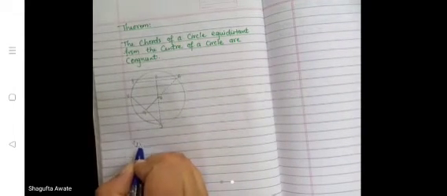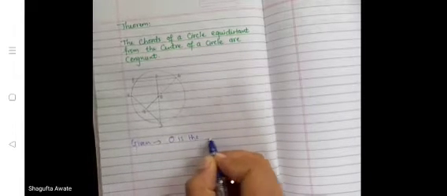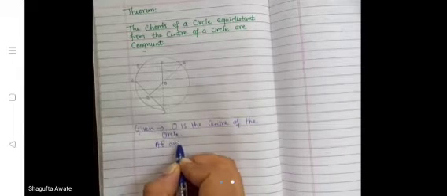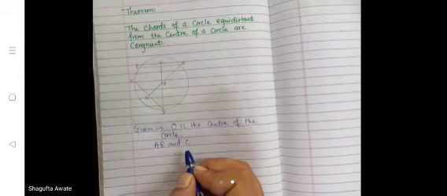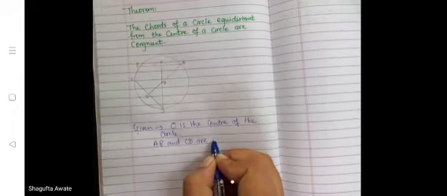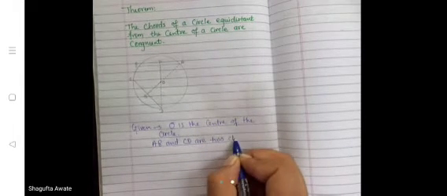So O is the center of the circle, and AB and CD are the two chords.